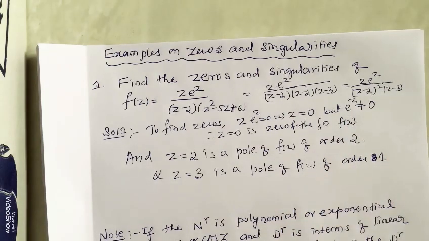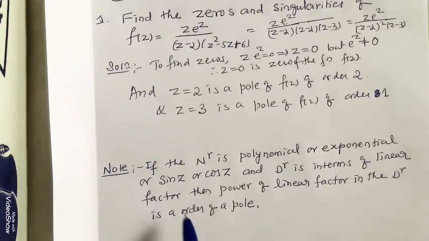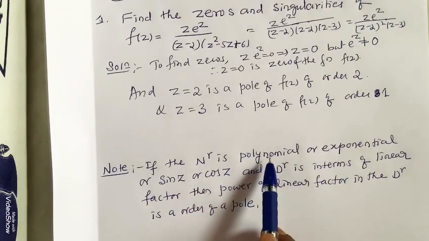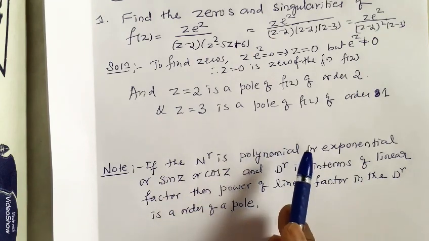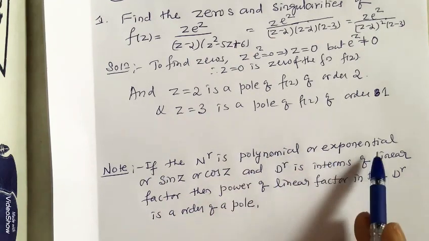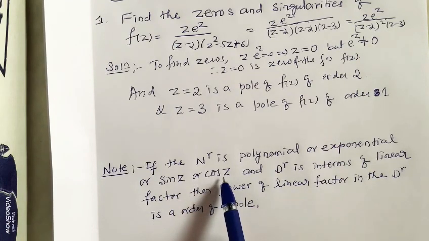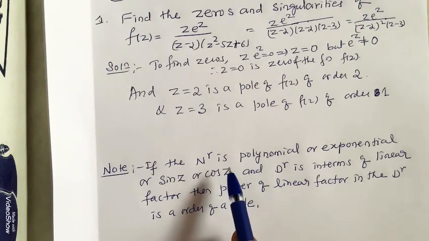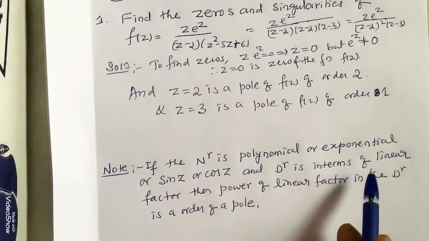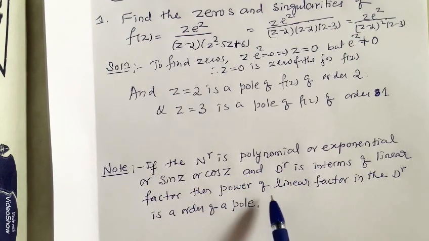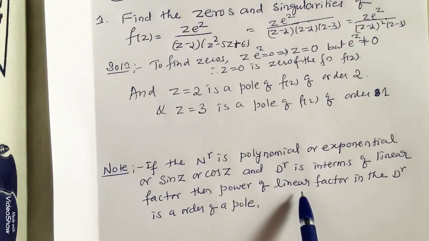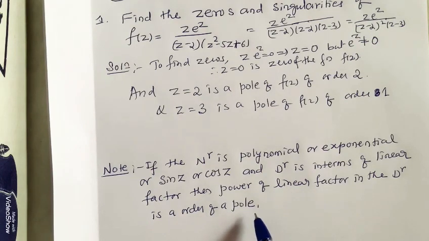Therefore now we can have the note: if the numerator is either a polynomial function like z, z square, z minus 3 whole square, or exponential in the form of e raised to az, or it may be in the form of sin z or cos z, then the numerator is always analytic, and the denominator is in terms of linear factors, then the power of the linear factor in the denominator is itself the order of a pole here.